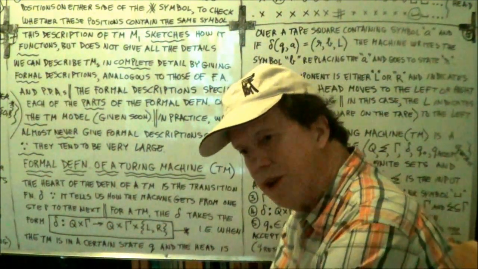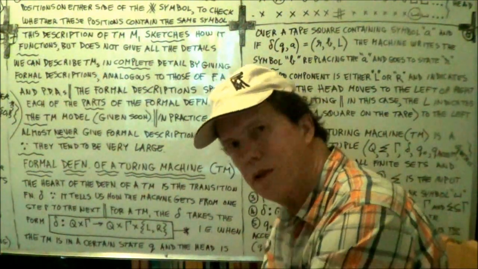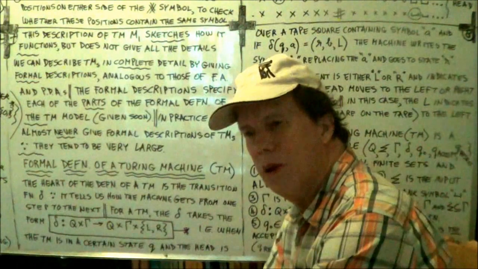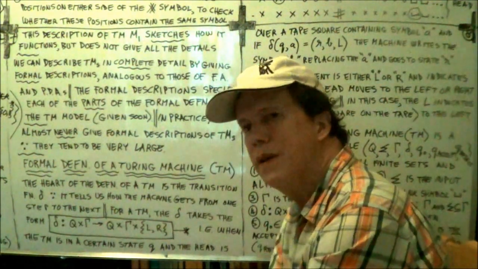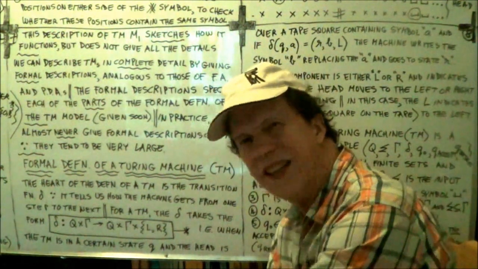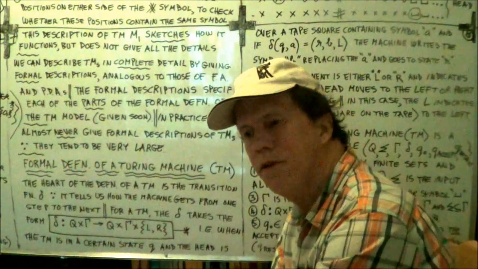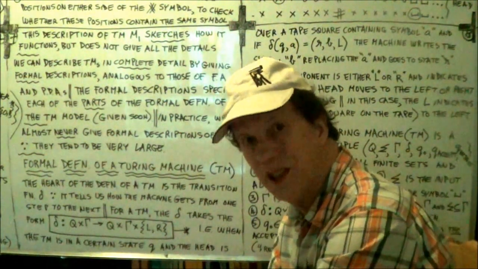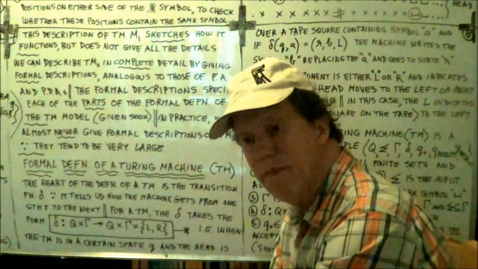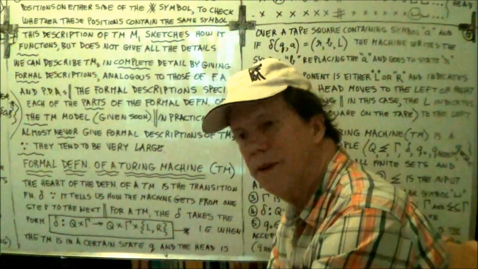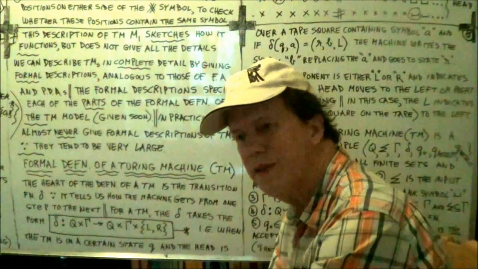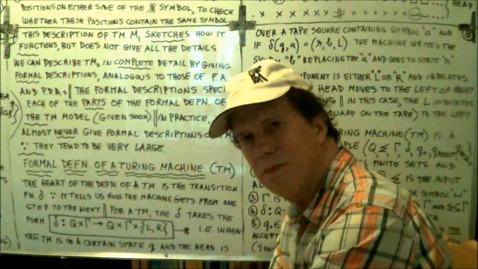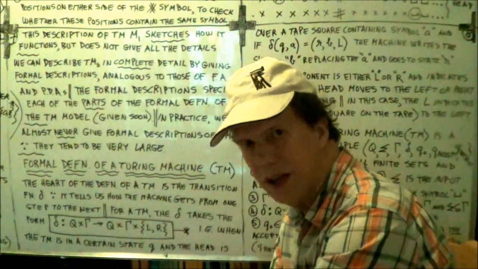So in all 3 cases, well, certainly for the first 2, because we haven't done the third one yet, you are probably aware that the heart of the formal specification was the transition function, the delta. Okay, the mapping between where the machine is now and what its next move should be, what it should do next.